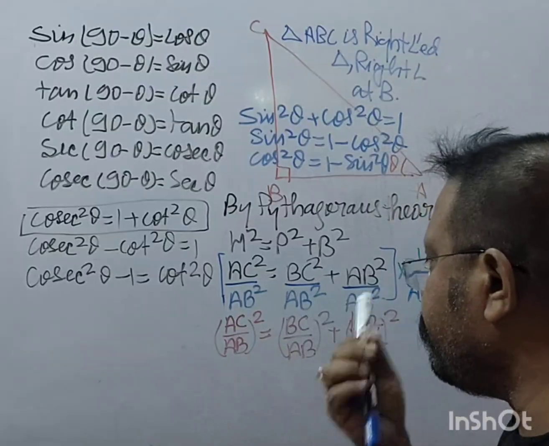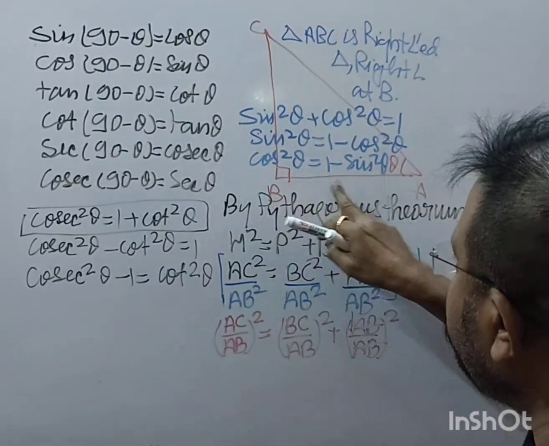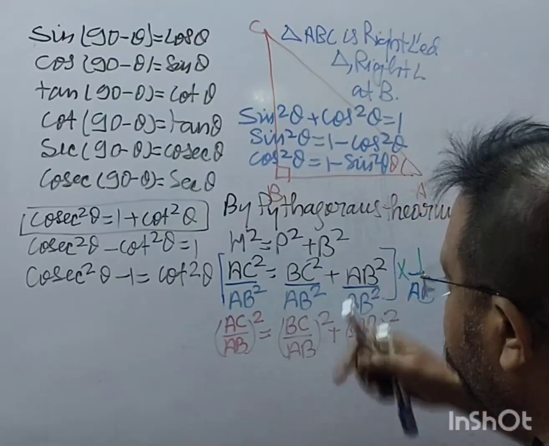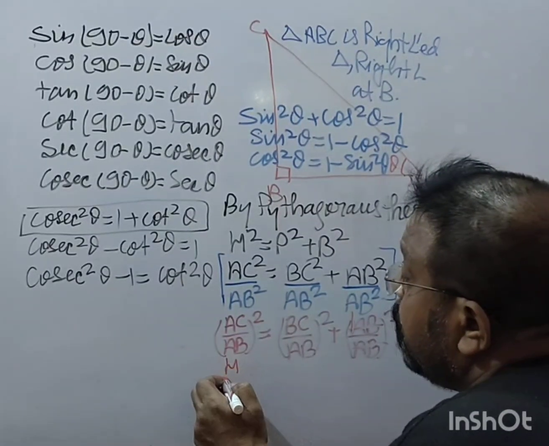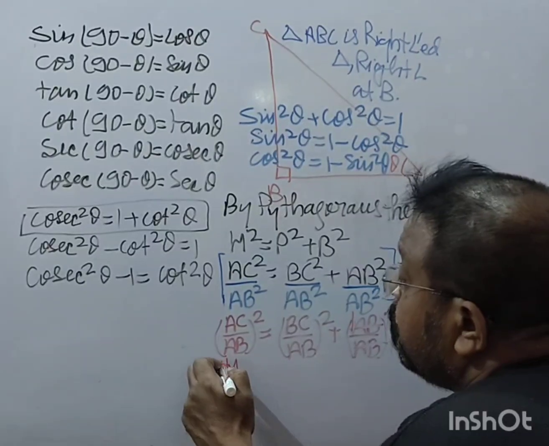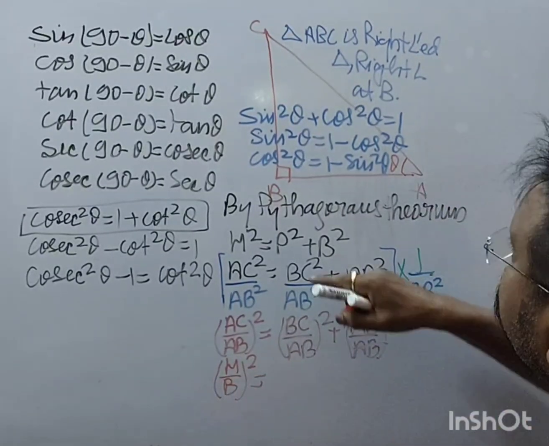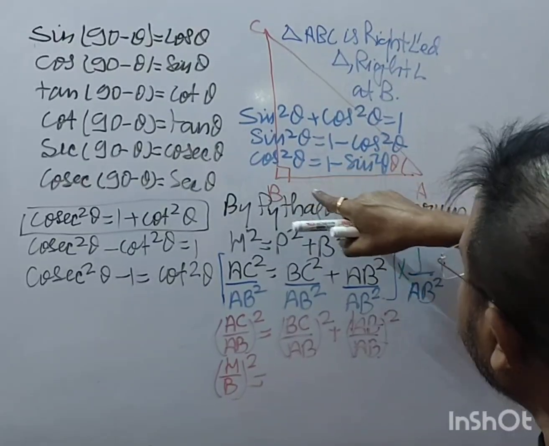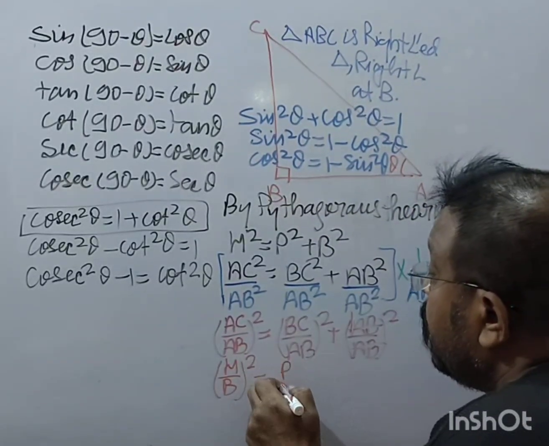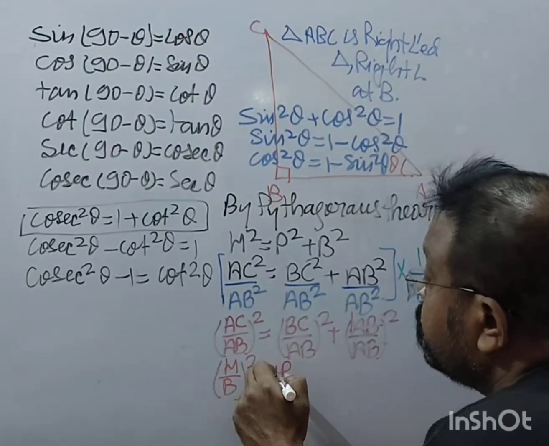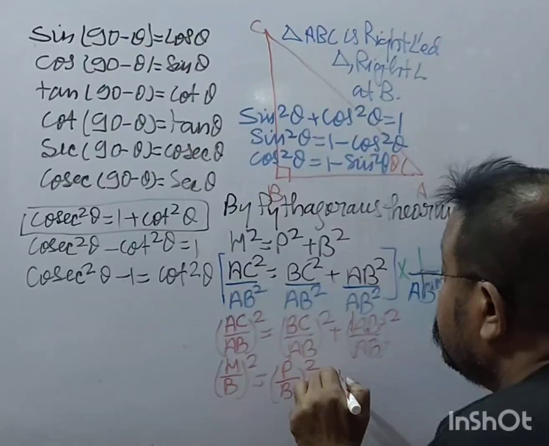What is AC upon AB? It is hypotenuse upon base whole square is equal to BC upon AB, it is perpendicular upon base whole square plus 1 square.